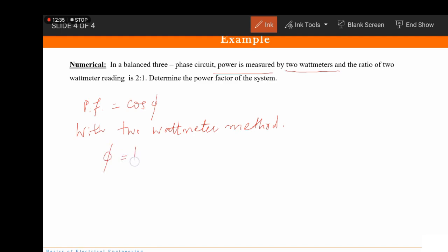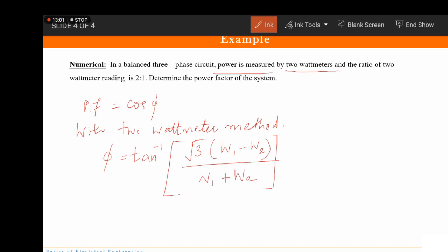What is the value of phi? It is tan inverse. We have seen this, right? It is tan inverse in bracket square root 3 (W1 minus W2) upon (W1 plus W2). Correct? Yes. So this is the phase angle equation.